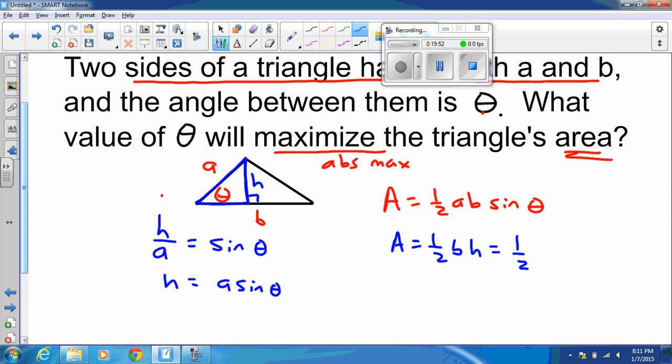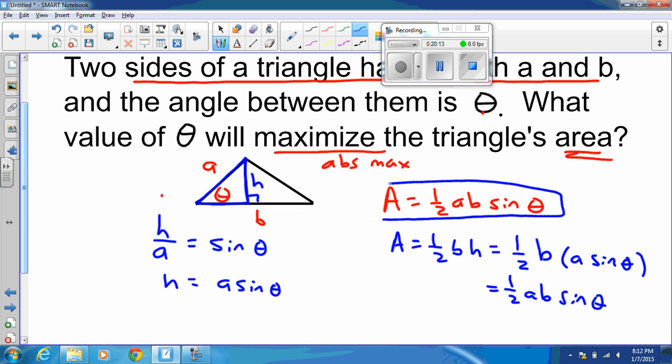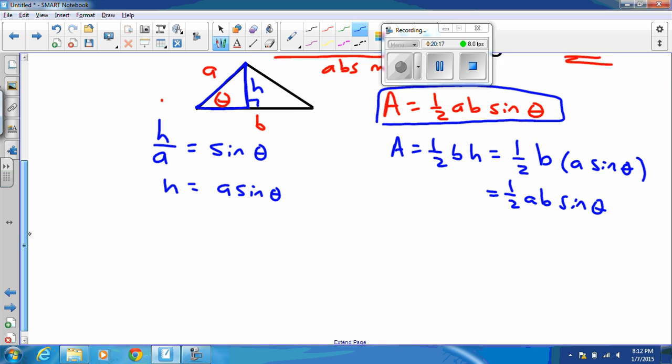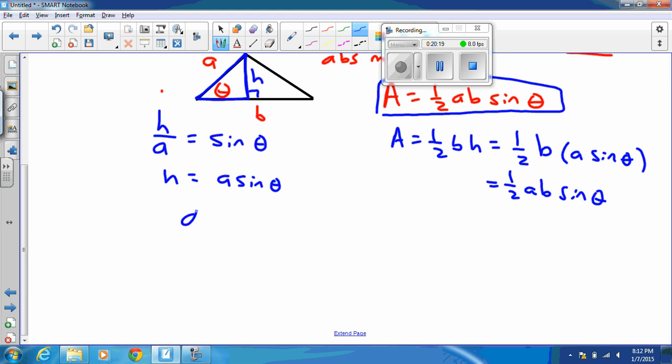And since the area of any triangle is 1/2 base times height, if I substitute for my height, A sine theta, then I get the indicated formula. So that's nice. But we didn't need to know that in order to solve this problem, because they give us the formula that we are trying to maximize. And if we have that formula, we're going to say thank you very much and go with it.